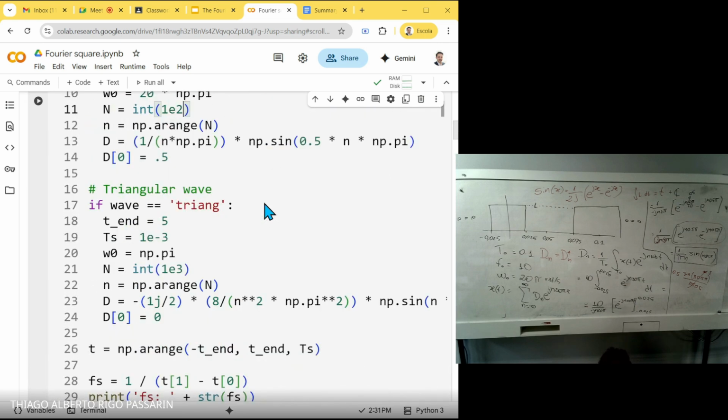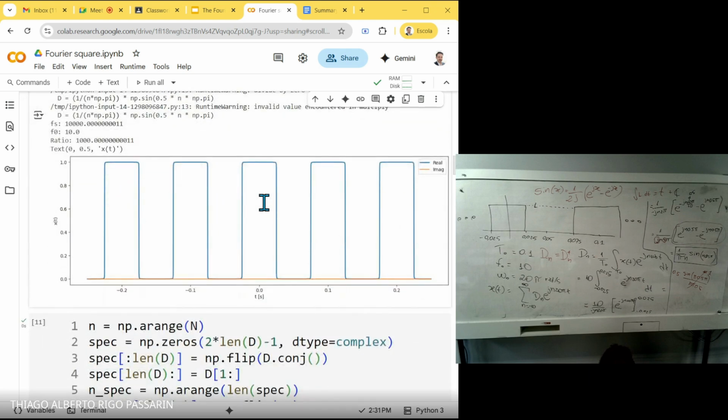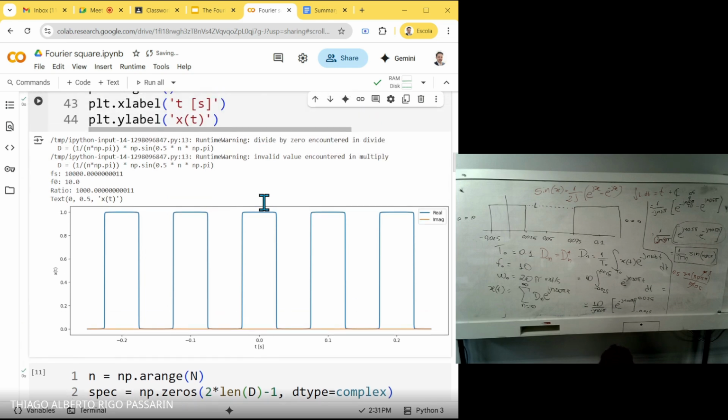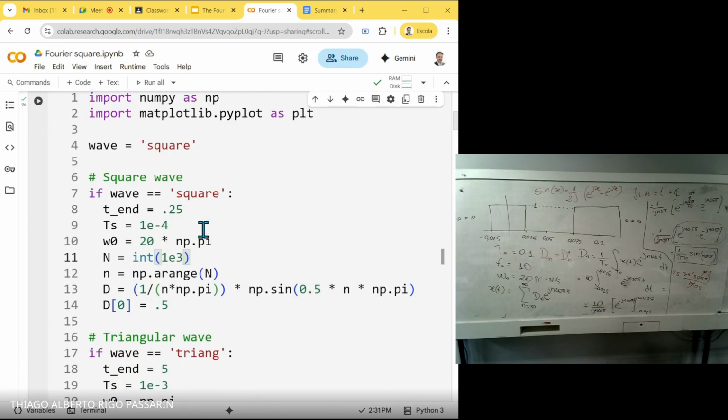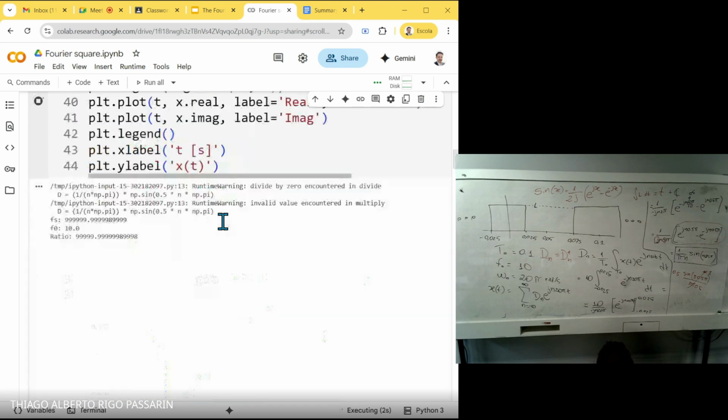So when we were going to 1,000, we didn't see the Gibbs phenomenon because we're not sampling the signal finely enough. If I increase the sampling frequency, that is, if I decrease the sampling period, we will see the Gibbs phenomenon.